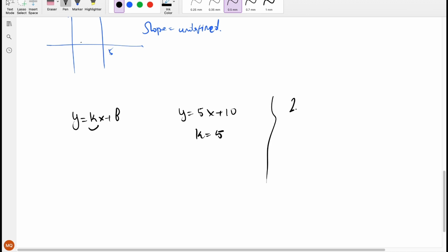But when it is like this, 2y is equal to 4x plus 10, here you cannot say that slope is equal to 4, because you have to be sure that the coefficient of y is equal to 1 and there is nothing except y on that side. So we have to divide all of them by 2. So we will get y is equal to 2x plus 5, and here slope is equal to 2.